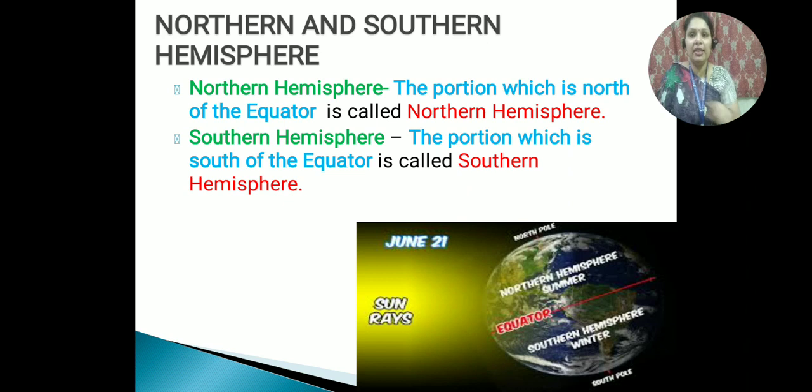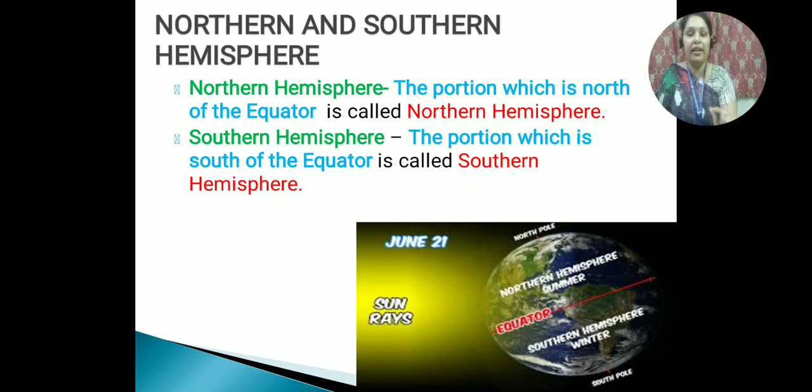If you look at this slide, the portion which is north of the equator is called the northern hemisphere. On the right-hand side is the picture of the earth, and the red line shown in it, the equator, divides the earth into two equal parts.